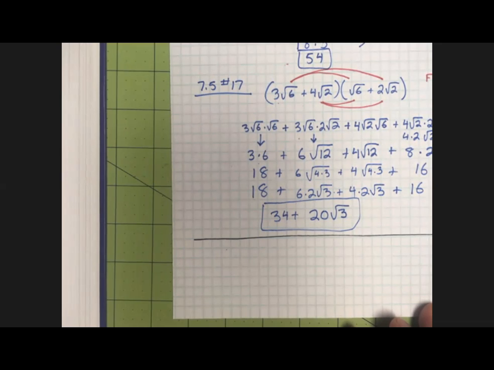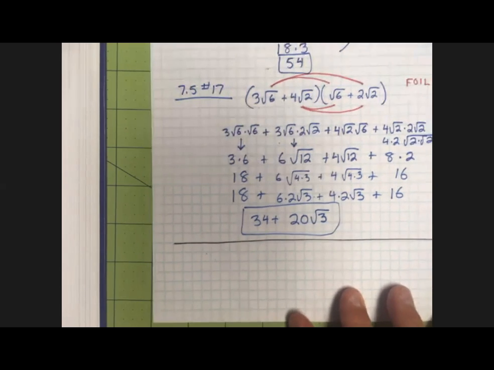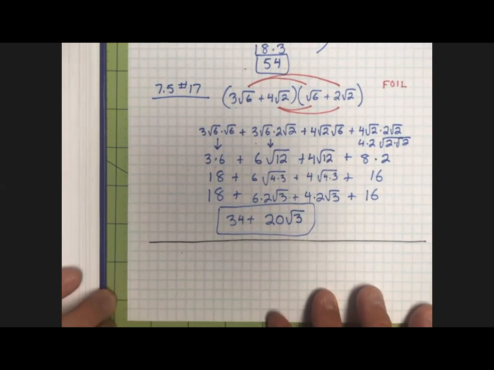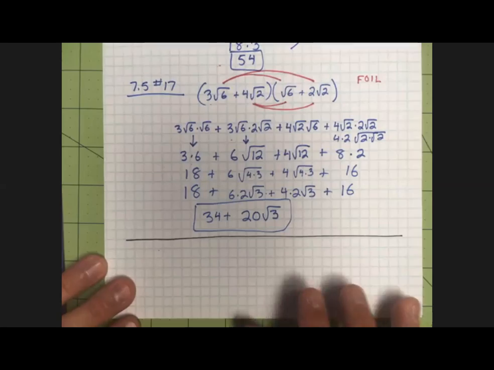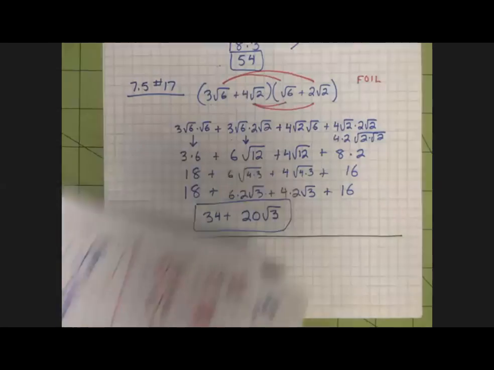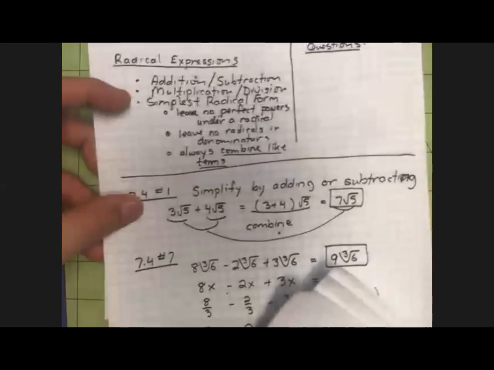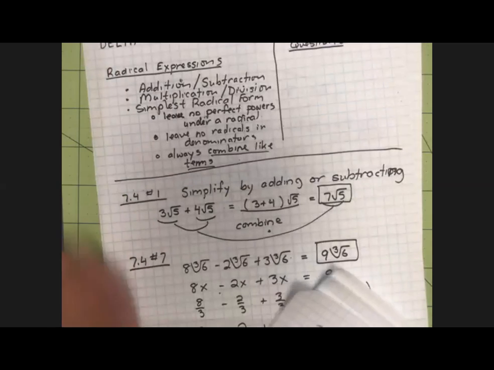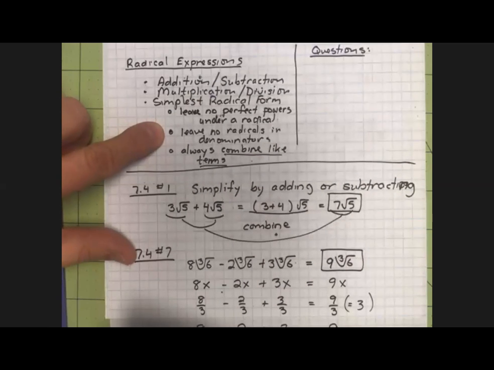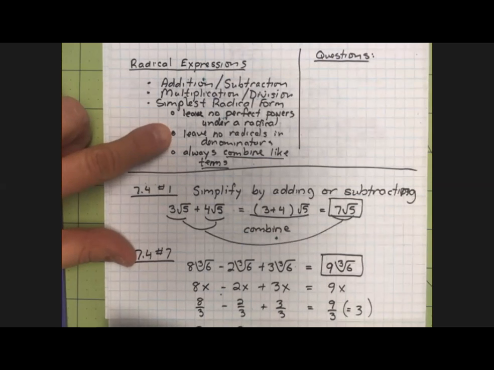You simplify radicals by making sure there's no perfect powers left behind. But I had one more statement here at the very beginning. It's also helpful to simplify radicals by not leaving a radical behind in the denominator.